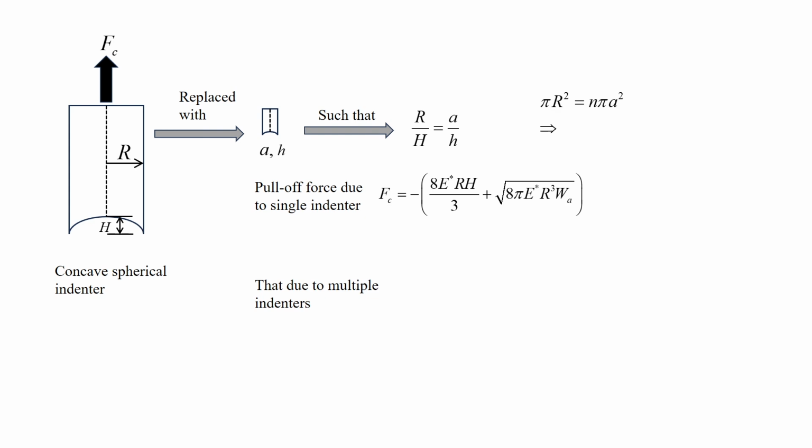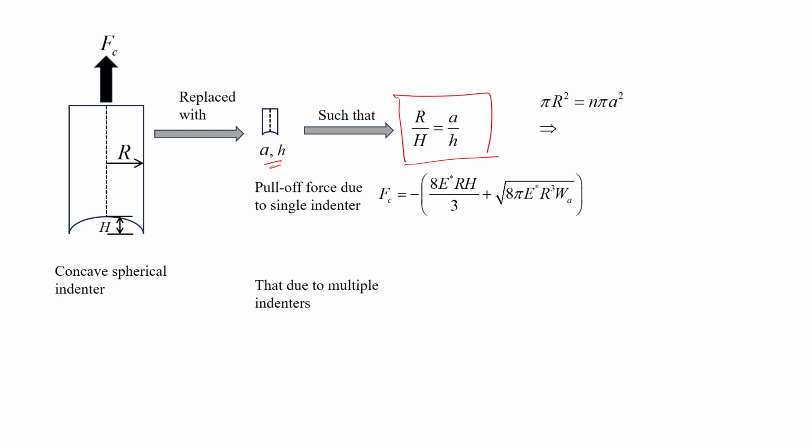So this can also be done for a concave spherical indenter. In the concave spherical indenter case, let us say we replace this one indenter by several indenters, such that here it is capital H and R, and here it is replaced by small h and A, such that R by H is equal to A by H. So this ratio remains constant.